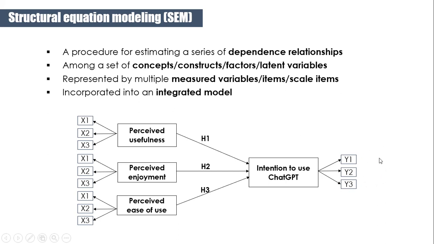These items will represent the latent variable, because we cannot measure intention directly by asking a single question. That's why we ask multiple questions, to confirm that our variable is properly measured and incorporated into an integrated model. You can see that in a single model, we have incorporated everything. So the part of the definition of structural equation modeling I have described with this particular model. Thank you, all of you.